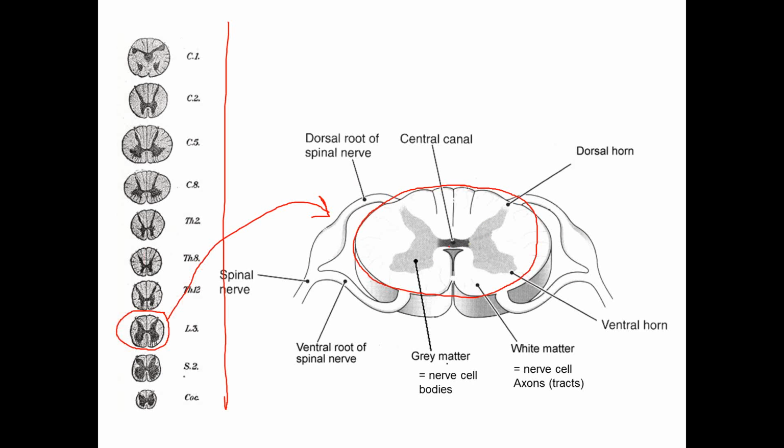What you'll notice is the different coloration of the tissue here. So here, you can see it, rather looking sort of like a wonky butterfly, is what we call the grey matter. Now the grey matter of the spinal cord is grey for the very reason that it contains a high density of nerve cell bodies, the places where the nuclei are on the nerve cells.